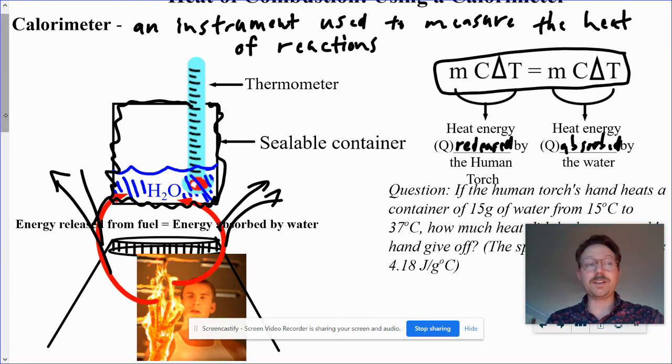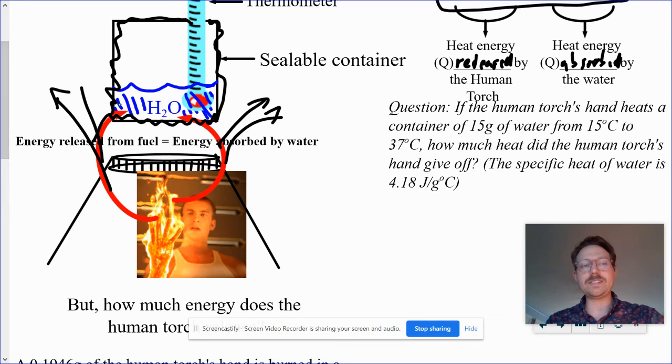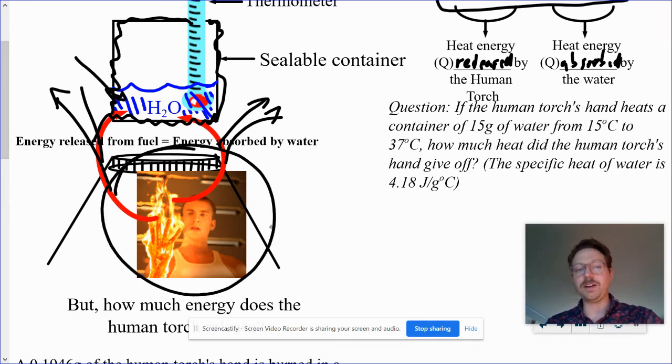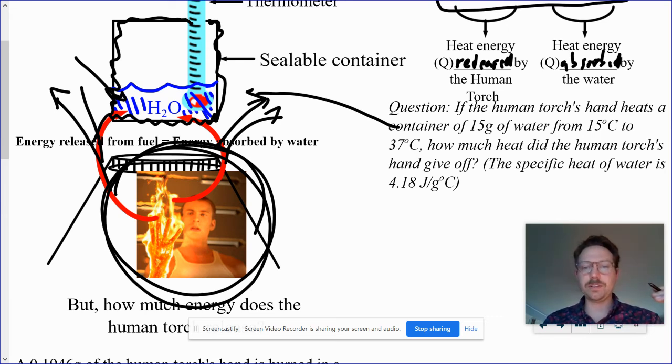Then we can do some calculations and we can use our basic understanding and measurements of water to determine something about an unknown fuel. I'll give you an example. Let's take a look at the human torch's hand example. Let's say we have 15 grams of water in this container right here, okay? And that water goes from 15 degrees to 37 degrees. How much heat did the human torch's hand give off then?